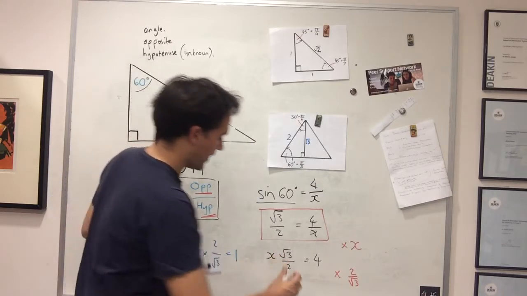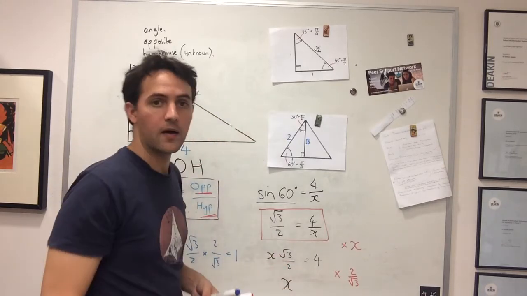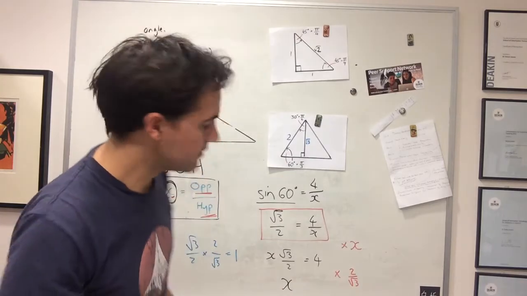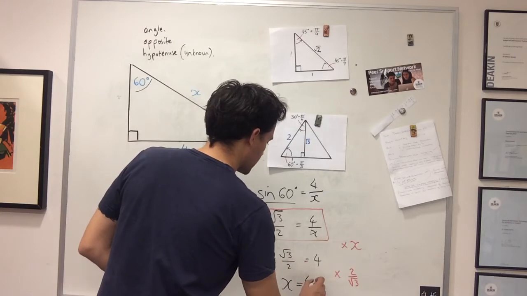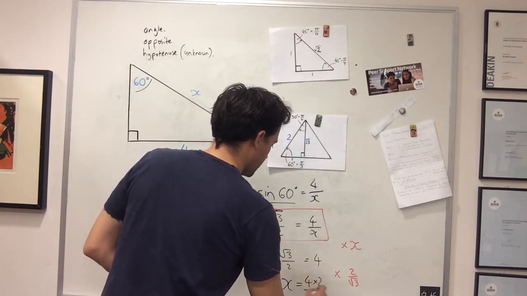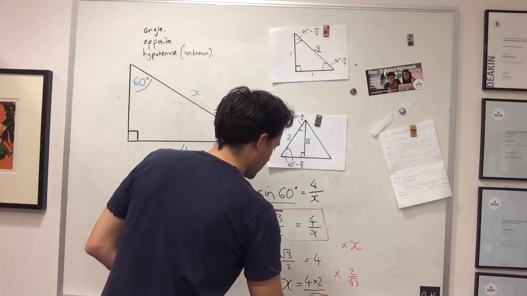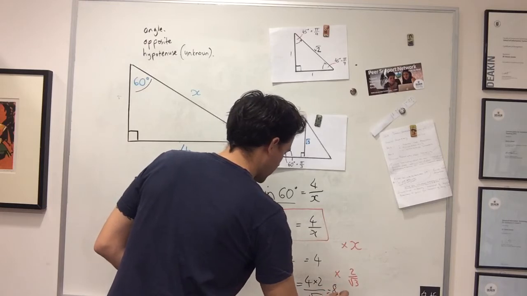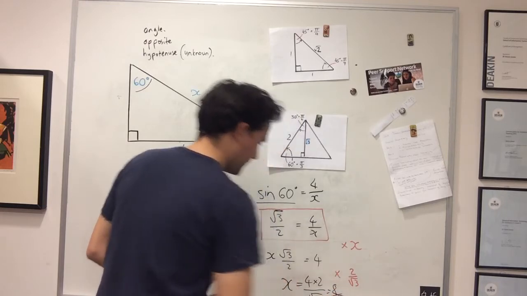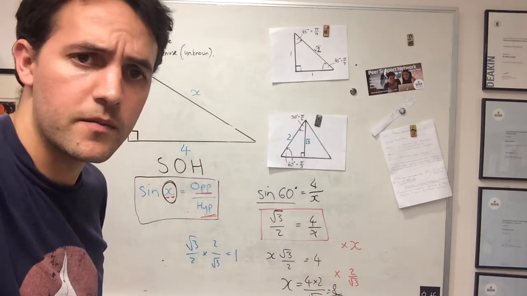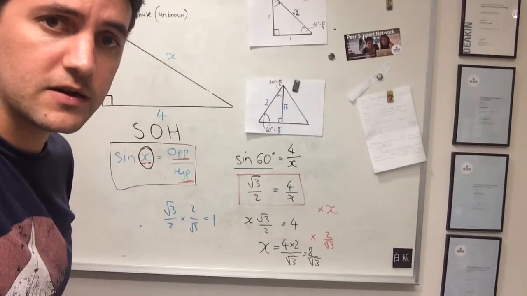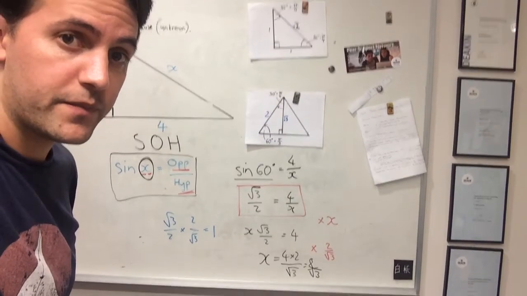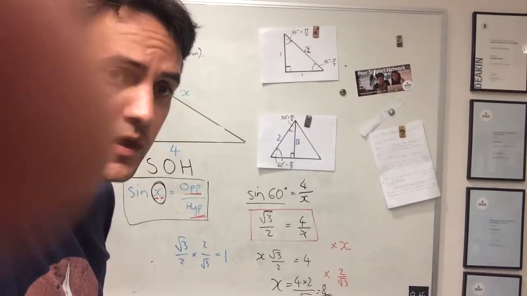So, doing that I get x equal to 4 times 2 all over root 3, which equals 8 on root 3. Okay, so that's how we do that kind of thing.